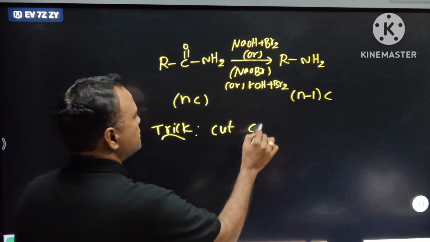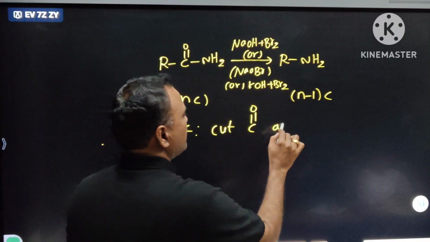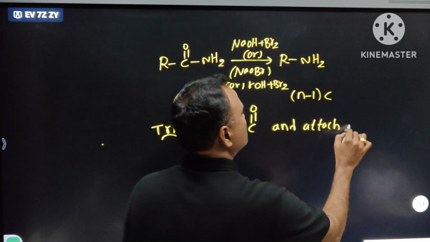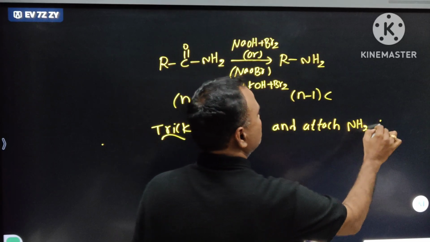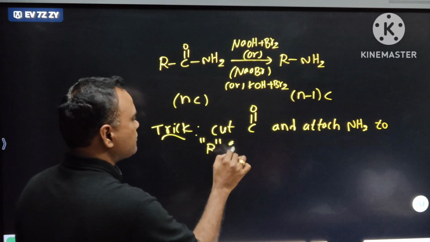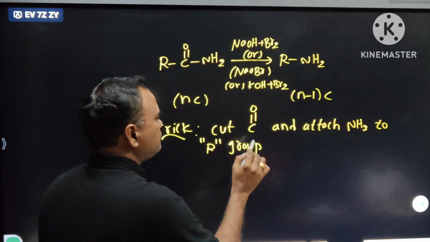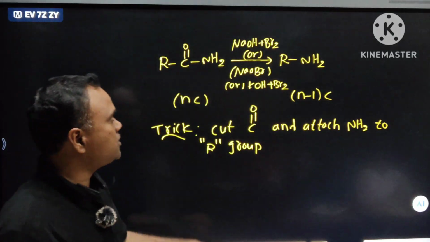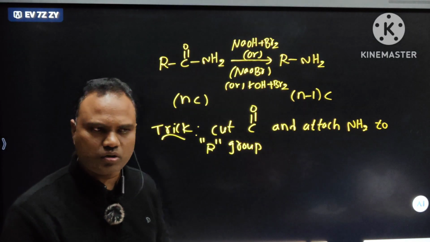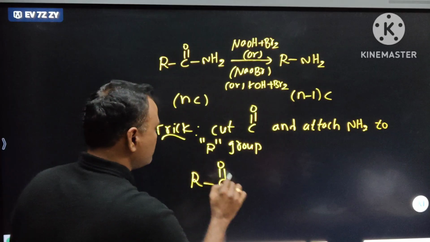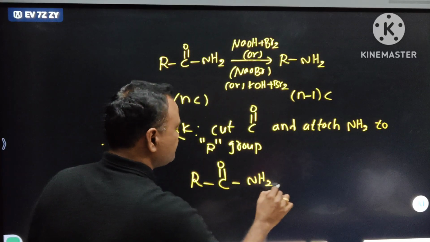Cut C double bond O and attach NH2 to R group. Cut the carbonyl group, C double bond O, and attach NH2 amino group to R. See this? R C double bond O NH2.